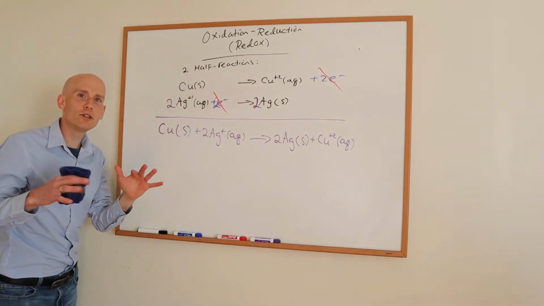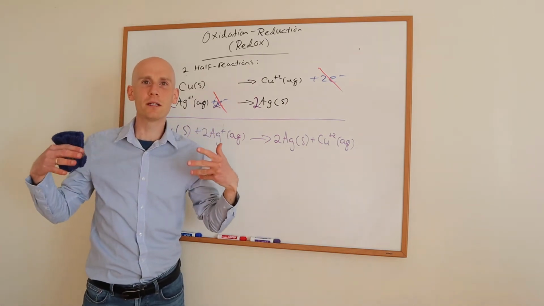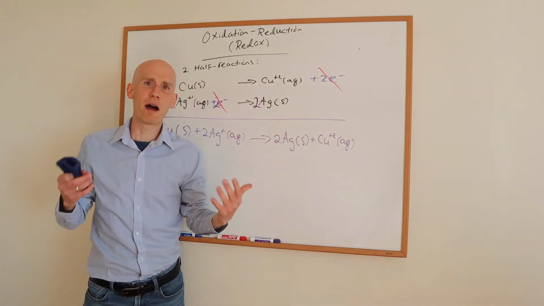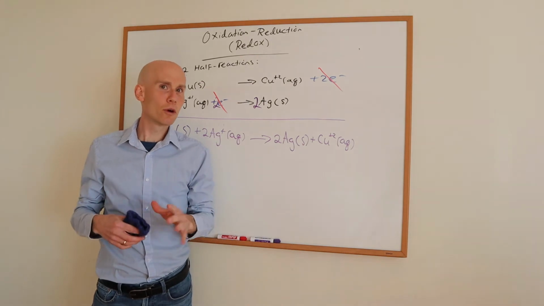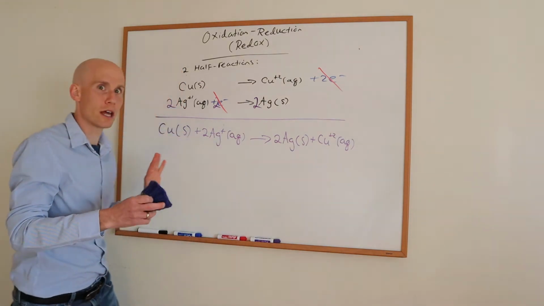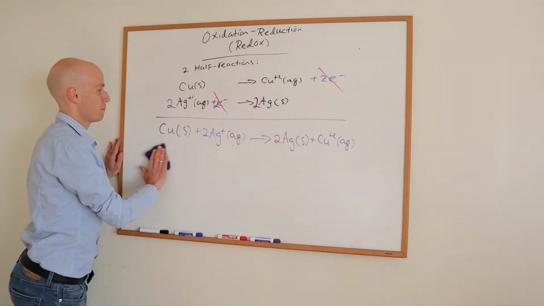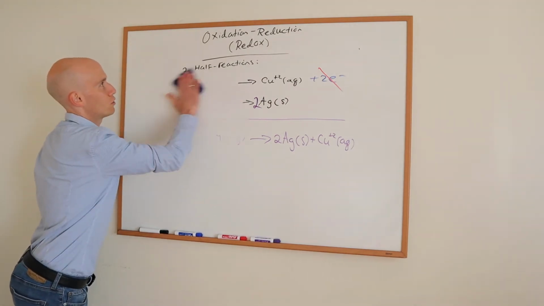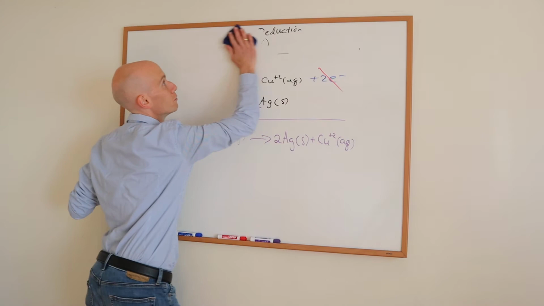So I'm going to give you a recipe, a step-by-step guide to balancing redox reactions, and then we'll go through an example to really showcase what's happening. Because it looks a little bit daunting after we look at that. So let's do balancing redox.